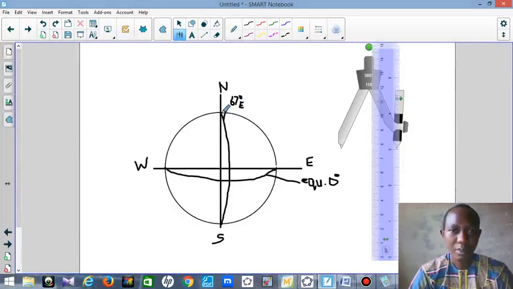Then you have another one on the same east also. You go like this. This is what you put down on your paper, the one you submit to the examiner in your exam. Make sure you label it 123.